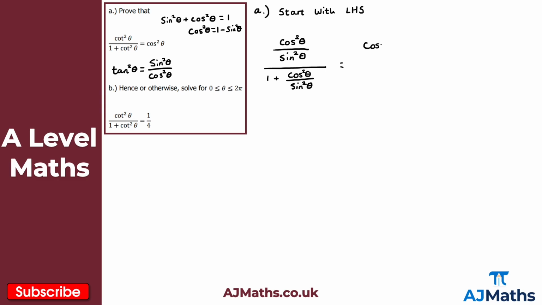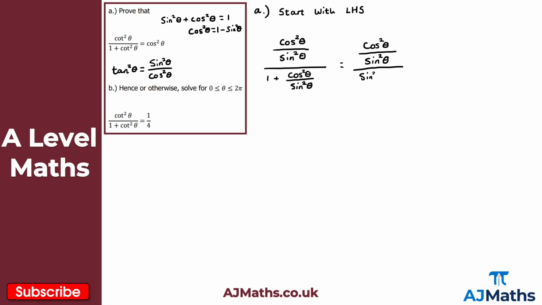The numerator won't change, so that's cos squared theta over sine squared theta. For the denominator, if we get this over a common denominator, I'm going to times through by sine squared theta. So I'm going to get 1 times sine squared theta plus cos squared theta, and that's all over sine squared theta.